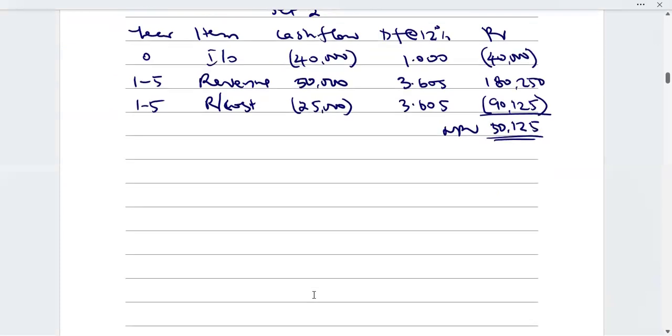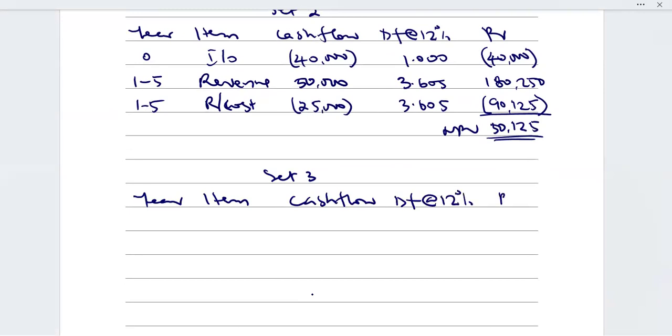Set 3, NPV for set 3. Right, 40,000 multiplied by 1, 40,000.